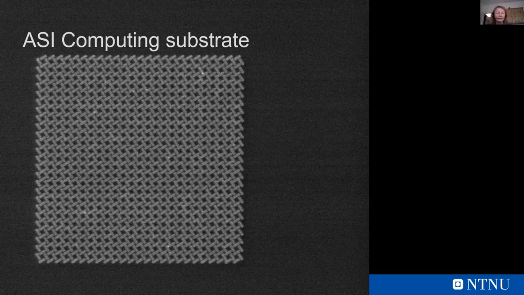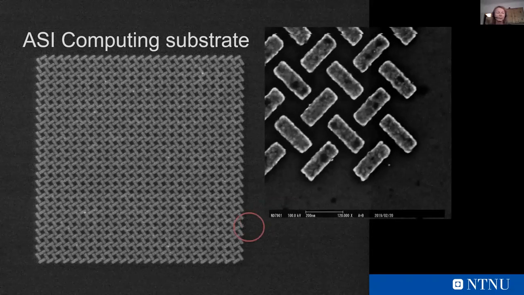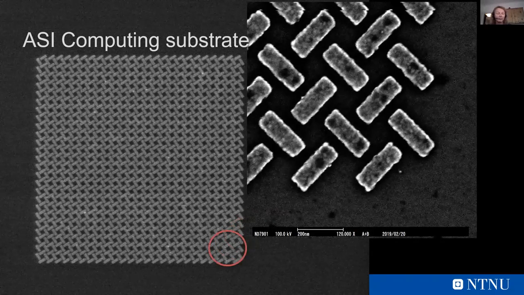Artificial spin ice is a regular grid with nanomagnets, as shown here, and they are organized in some pattern or geometry. And that makes a system with nanomagnets.